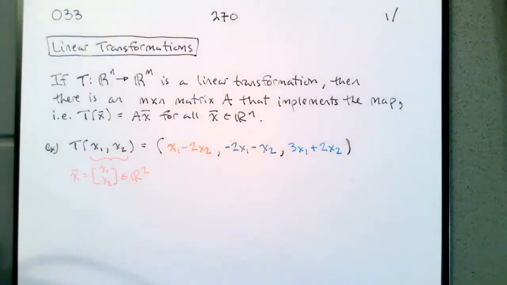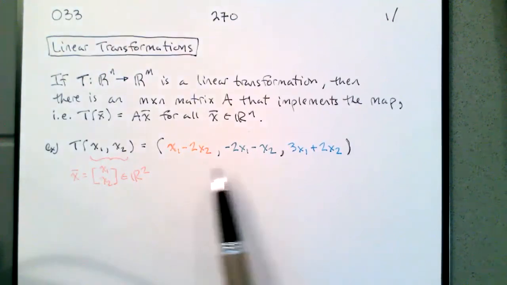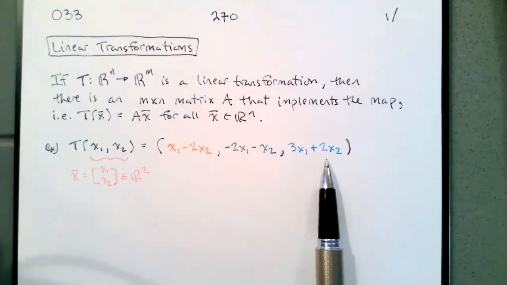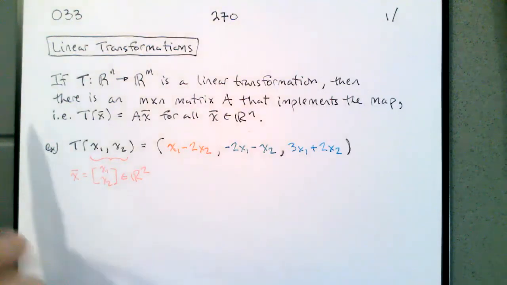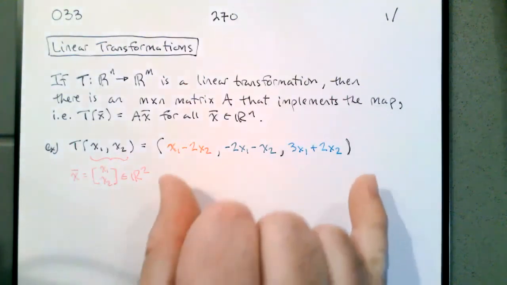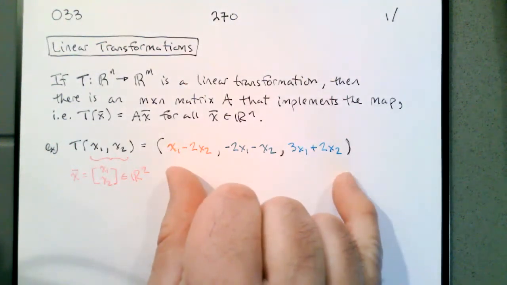That's what we're starting with. And notice that what we have on the other side is a vector in R3, and each component is a function of x1 and x2. We combine the x1s and x2s in a particular way. So here's the image T of x.